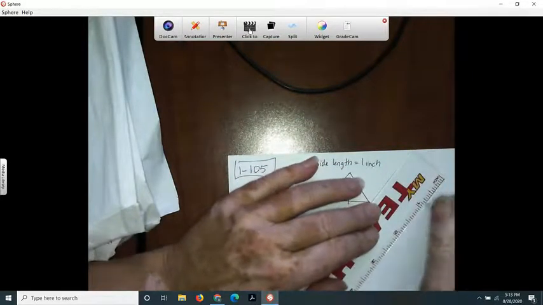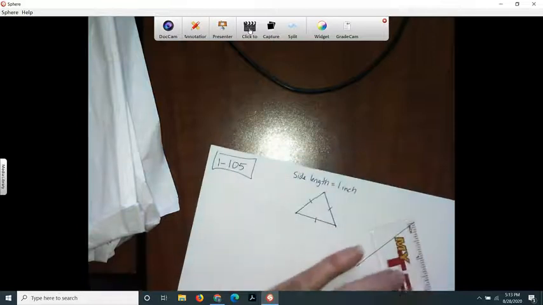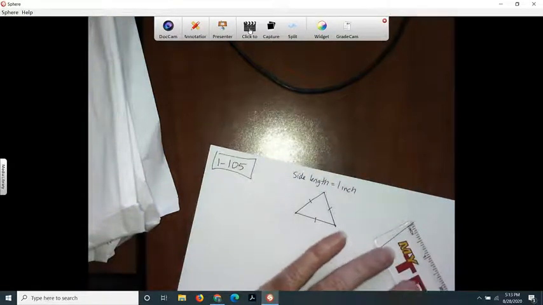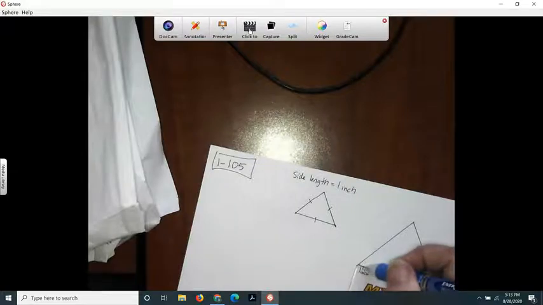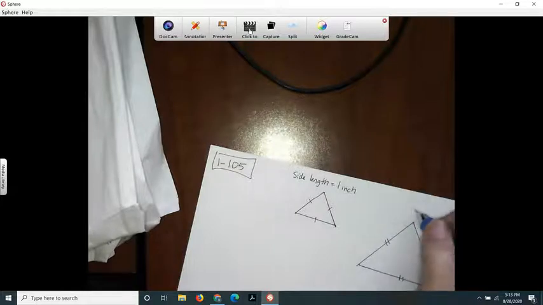If I wanted these perfect, I would use a compass, or at least a protractor or something. They're not perfect, but we're going to pretend. Okay, and then we'll do one more.